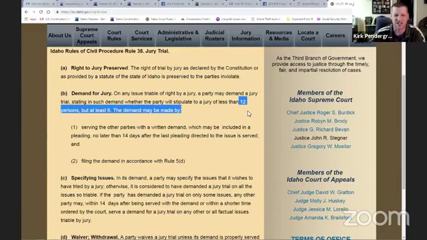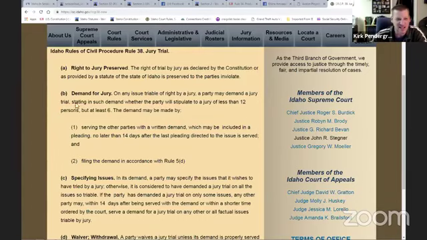But at least 6. But notice it says, stating in such demand whether the party will stipulate consent to a jury less than 12 persons, but at least 6, the demand may be made by serving the other parties with a written demand. Everything must be in writing, folks.